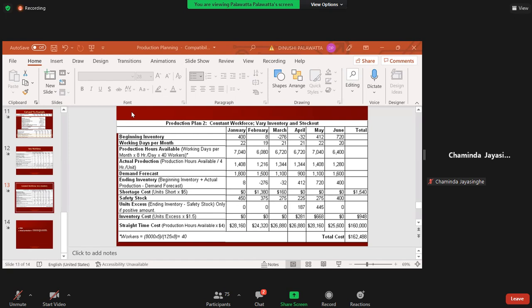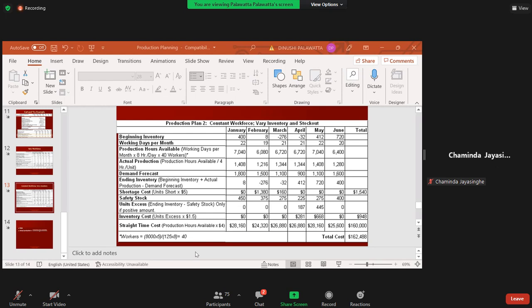When estimating shortage cost, I explained it earlier also: when an order comes and is not supplied, the customer goes away and you have a lost sale.